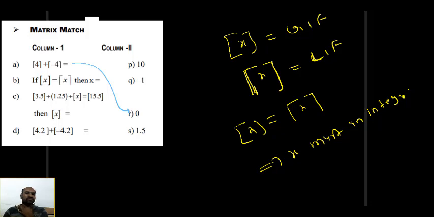For P it is satisfied, for Q it is satisfied, for R also it is satisfied. So my answer is P, Q, R, for the matrix matching problem B.